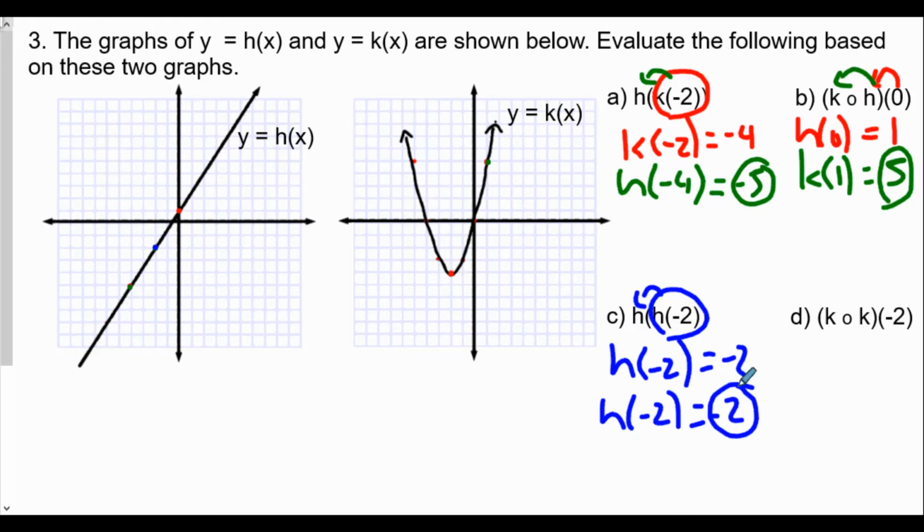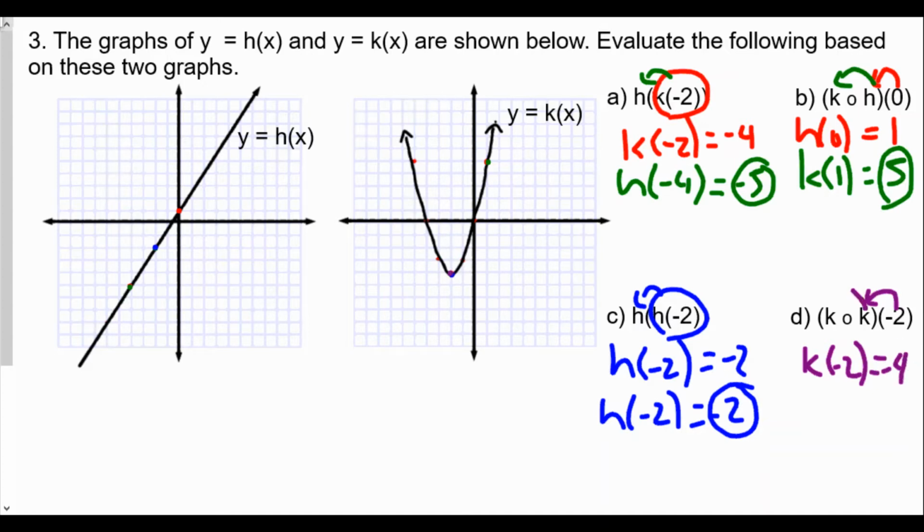And now we're going to find k of negative 2. We found k of negative 2 to be negative 4 previously, so that is equal to negative 4.